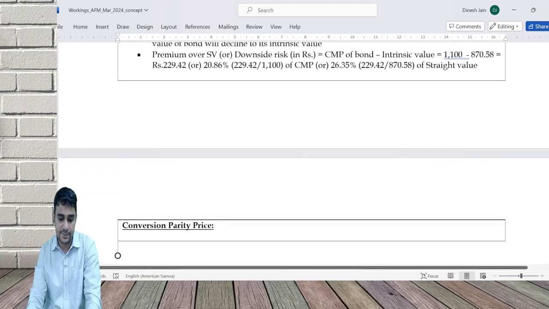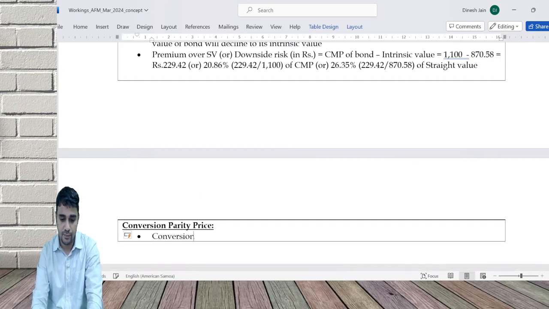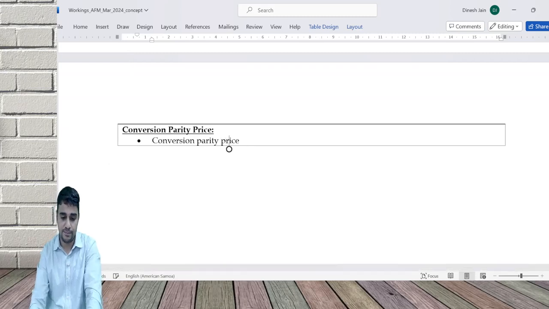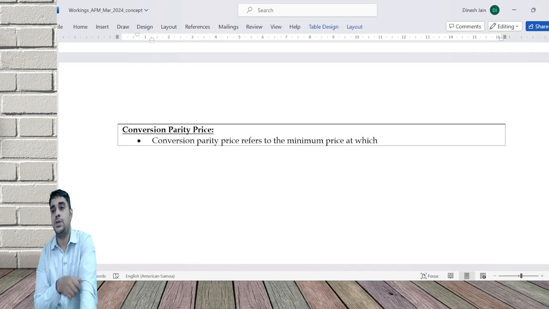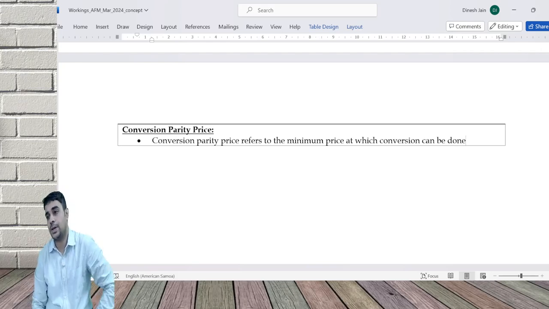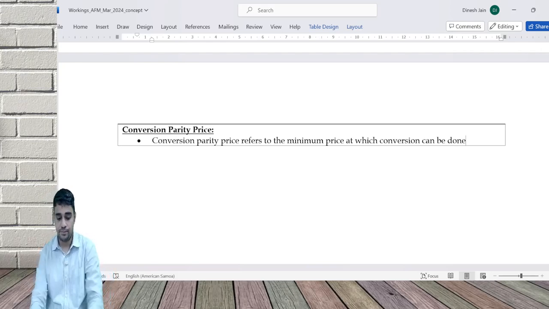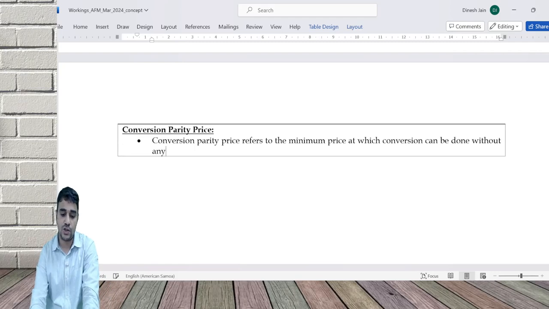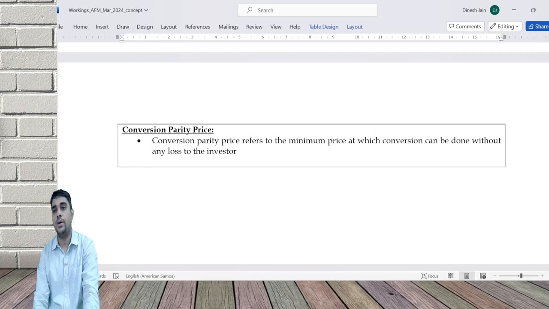Conversion parity price refers to the minimum price at which conversion can be done without any loss to the investor.